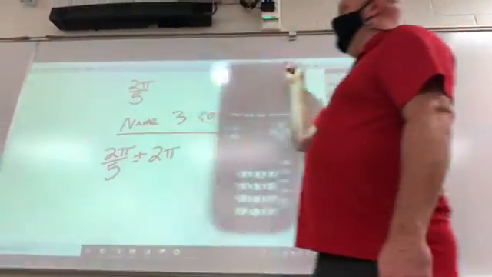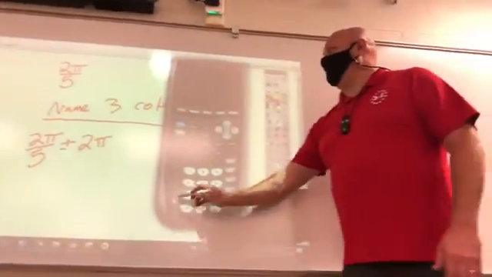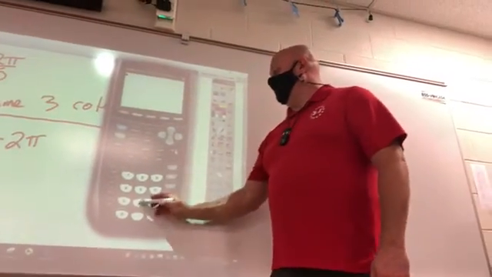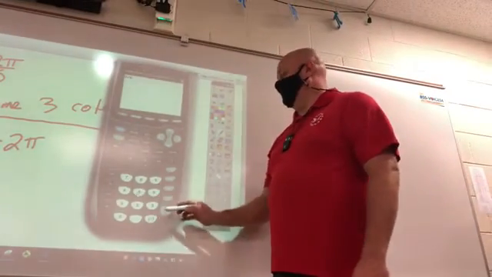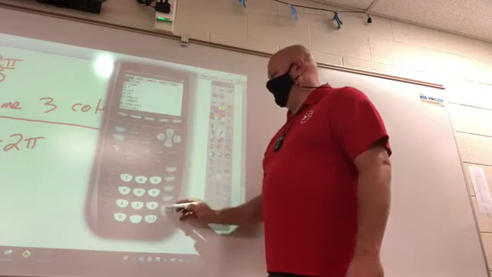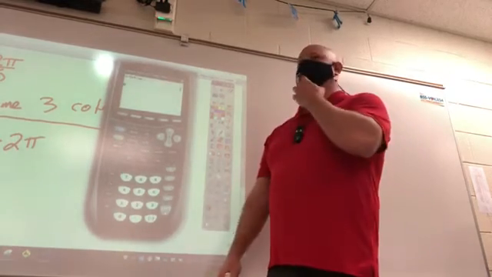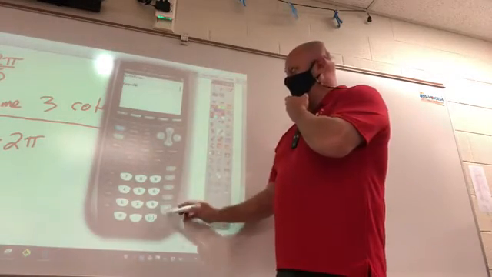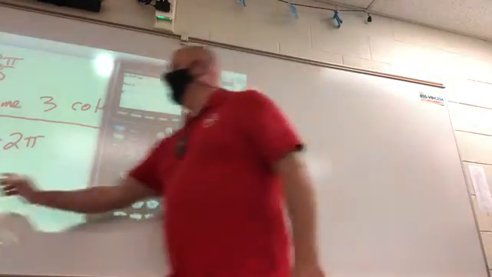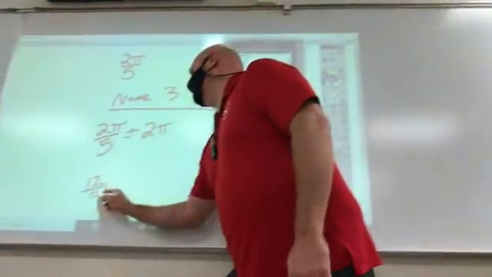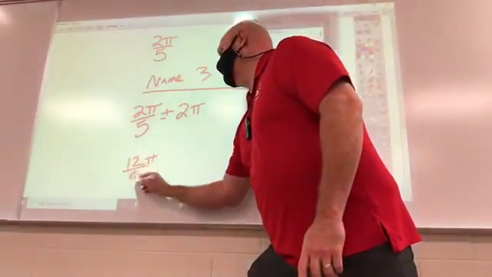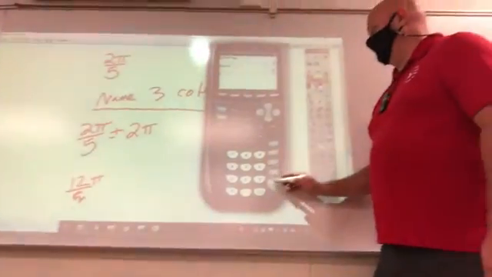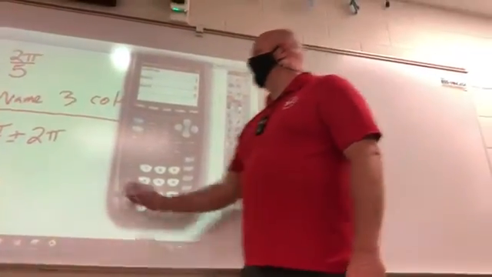Easy way to do that: 2/5 as a fraction. Add 2: 2 and 2/5, or 12/5. Add 2: 22/5.